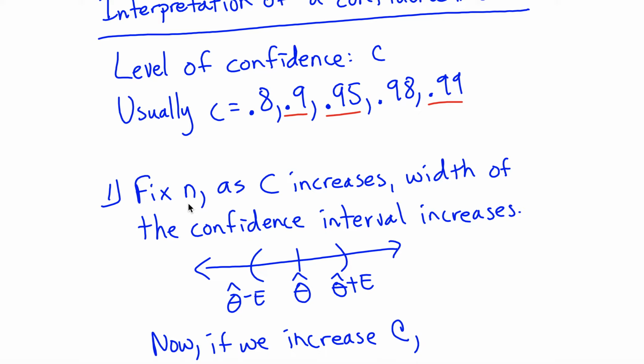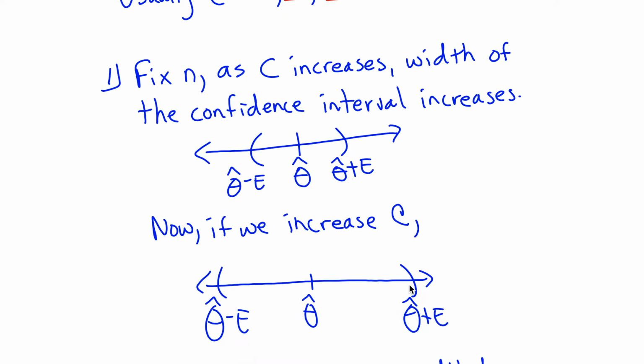But if my ring gets smaller and smaller, I'm going to be less confident. So if I want to be more and more confident that I'm going to get my ring around that post, I have to have a bigger ring to throw. And so that's why we say that as your confidence level increases, the width of your confidence interval actually increases.